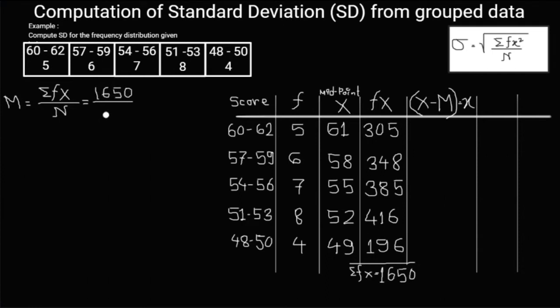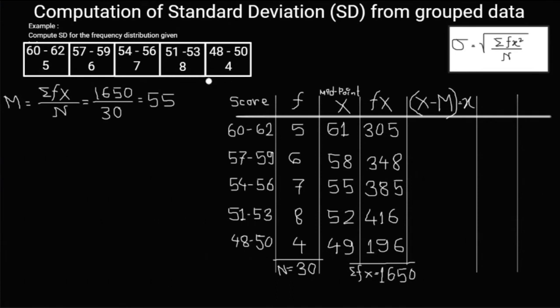And we need the sum of the total number of frequencies: 5 plus 6 is 11, plus 7 is 18, plus 8 is 26, and plus 4 is 30. So n is 30. So 1650 divided by 30 equals 55.